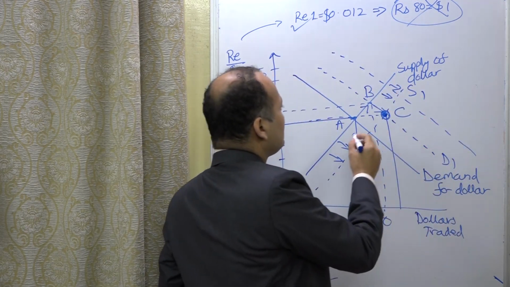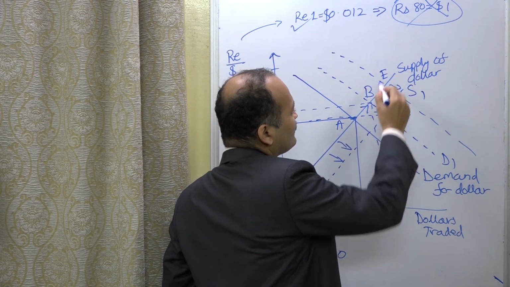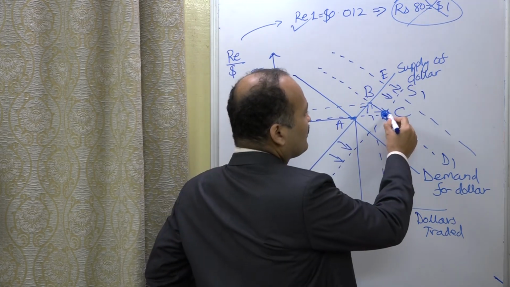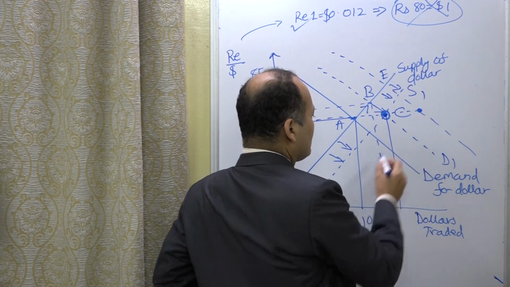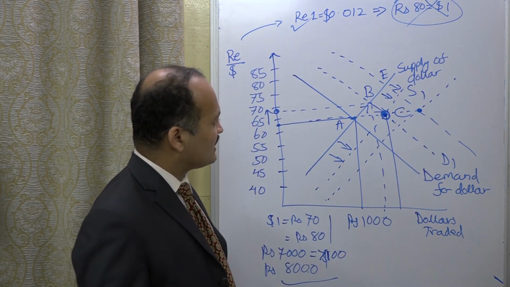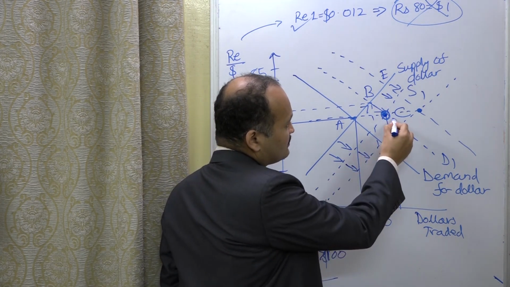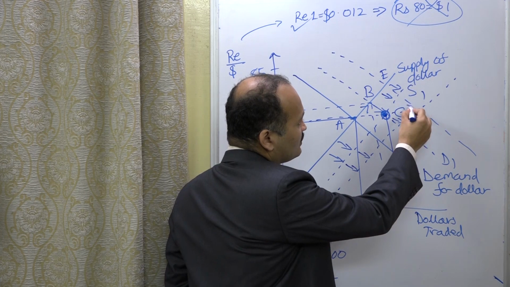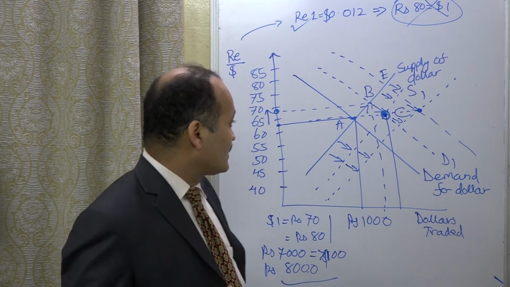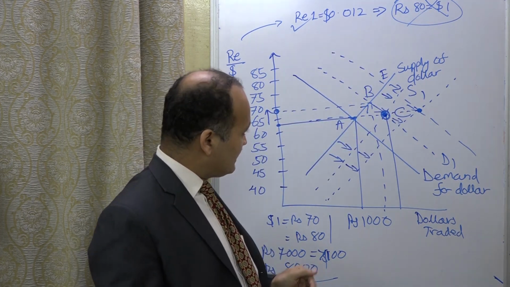Then your new equilibrium moves to say point E. Now if you want to again bring it to a point around this, maybe you have to carry out more dollar sales in the foreign exchange market. And the issue is whether the RBI has so much forex reserves to really counter the drop in the exchange rate.